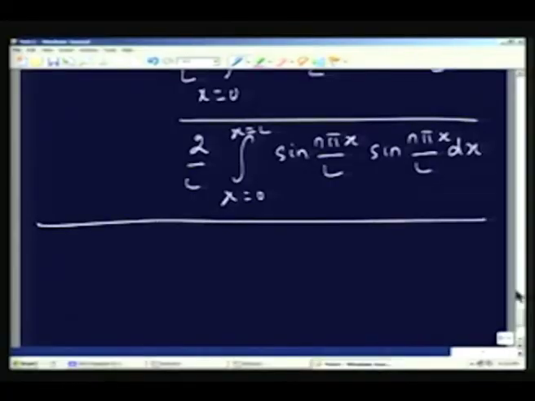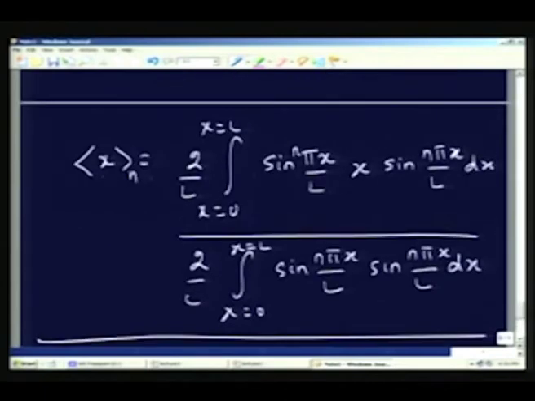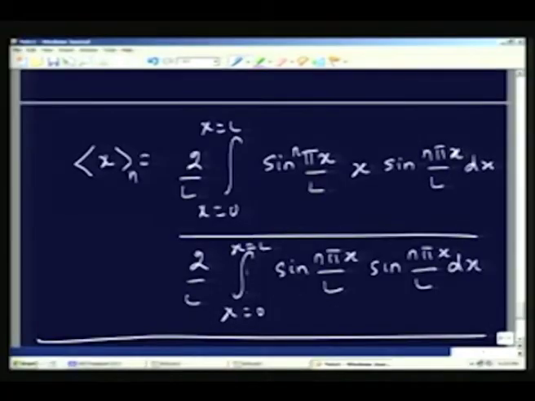This is an elementary integral for you to solve. The average value of x in terms of the integral on the numerator and the integral on the denominator. Of course this you know, this is how you got 2 by L sin n pi x by L, sin n pi x by L dx, which was nothing but the psi square dx, which is the probability of finding the particle in a small region, and when you integrated the probability completely you got 1.